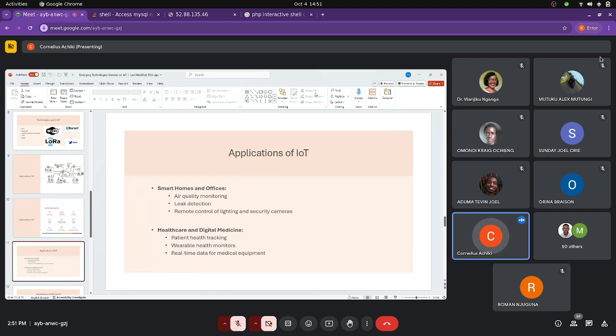Remote control of lighting systems and security cameras. So in this case, you might be thinking about conserving energy in a building. And when most people are leaving the building, they tend to forget to switch off the lights, and your power bills are escalating through the roof.